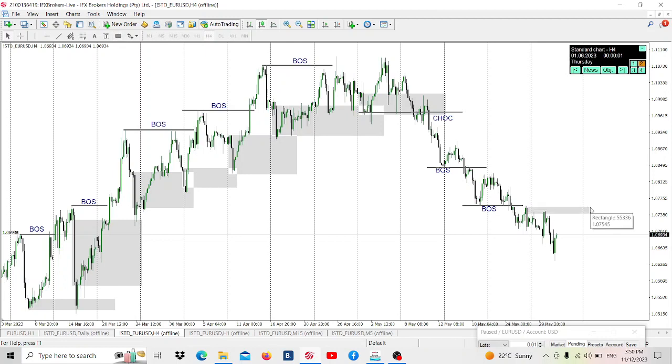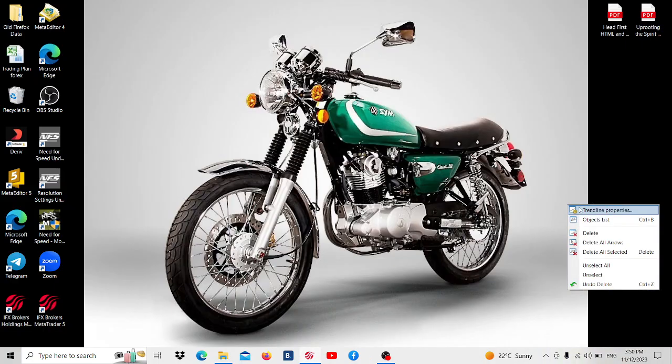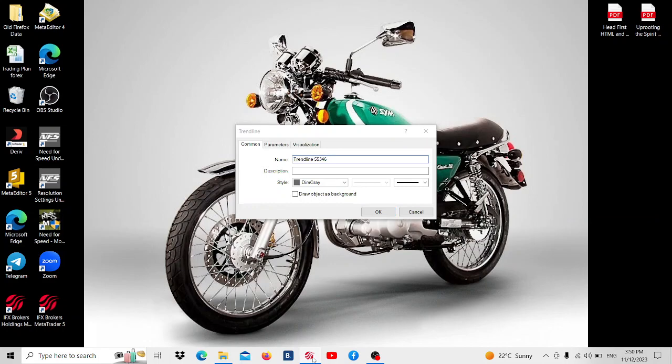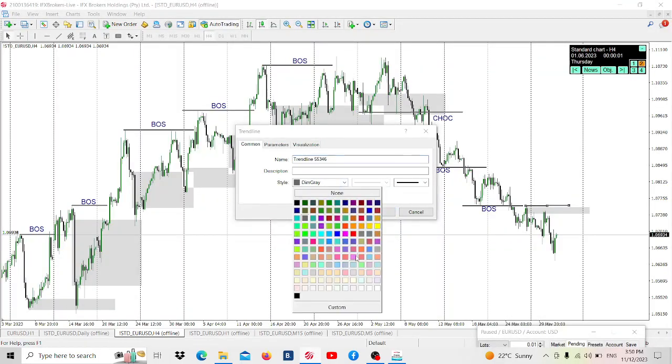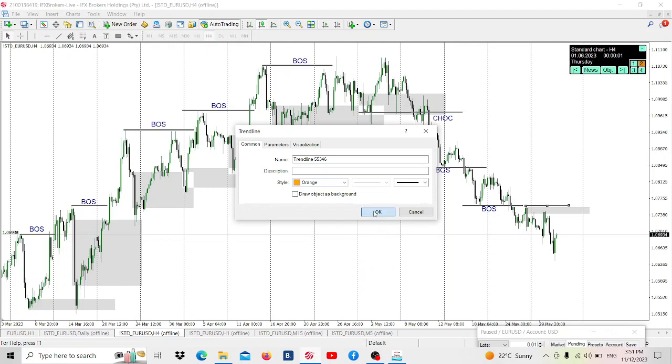So now the market has not violated any specific high. Let me change that color, turn it into orange.